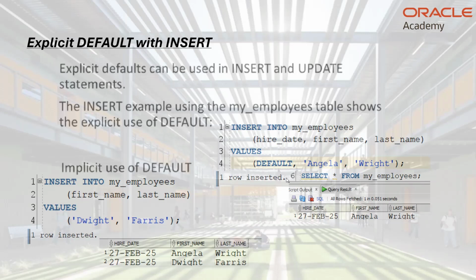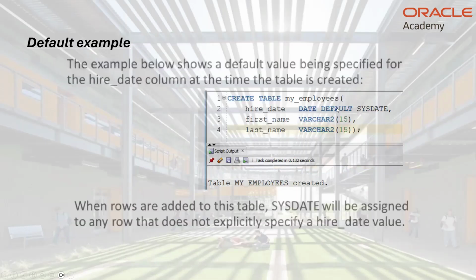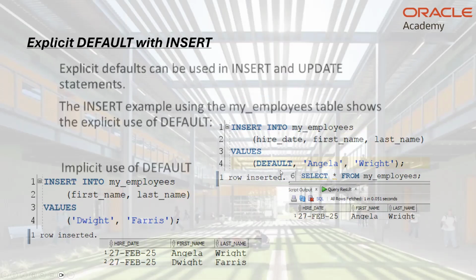Explicit defaults can be used in insert and update. If we know that the hire date is defaulted to the sysdate, although you can use sysdate here too, we can use default only if default is here. Otherwise, you don't use sysdate. But anyway, we can use default just to add that value. That's explicit. We can also add the default date implicitly by excluding it in your insert.